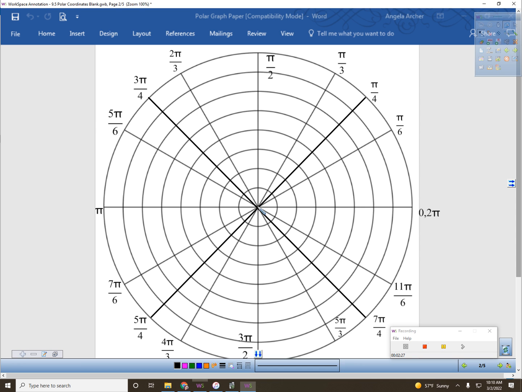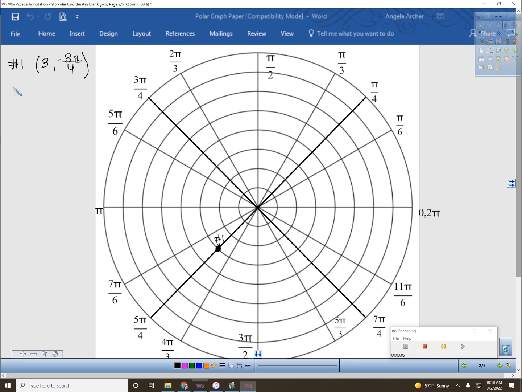I would start at my pole and go 3 in the positive direction, and then instead of going a positive 3π/4, which would be through the first quadrant and halfway through the second quadrant, I'm going to go the same distance but backwards. So I would go through one quadrant and halfway through, and that would be the point 3π/4 backwards. Point number 1 here is the point (3, -3π/4).